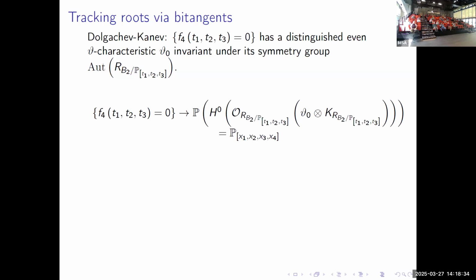And if you tensor the canonical bundle of the quartics, which is just linear, with that theta characteristic, you get a morphism to P4.